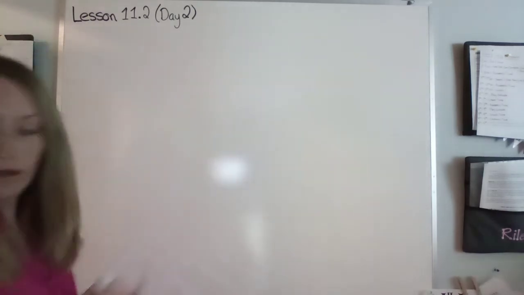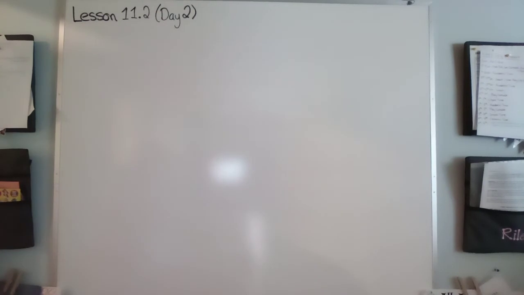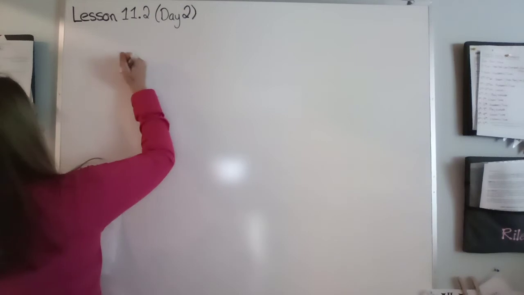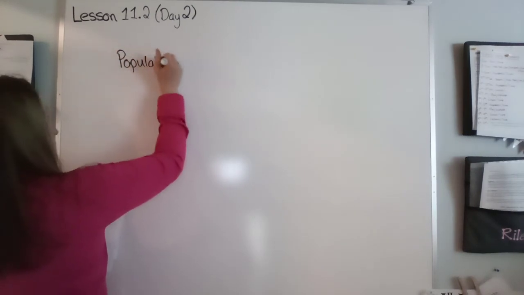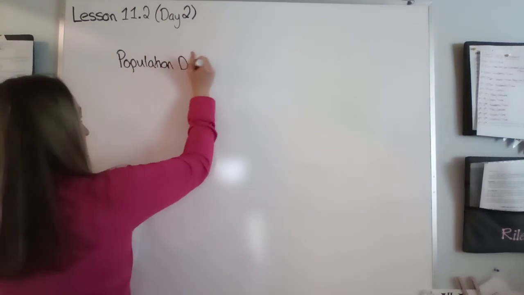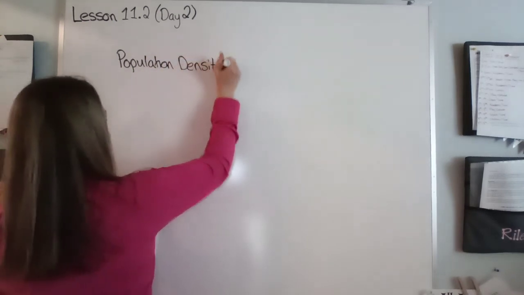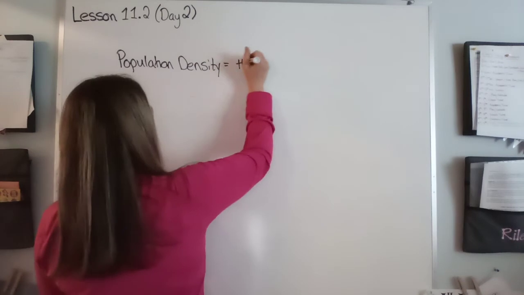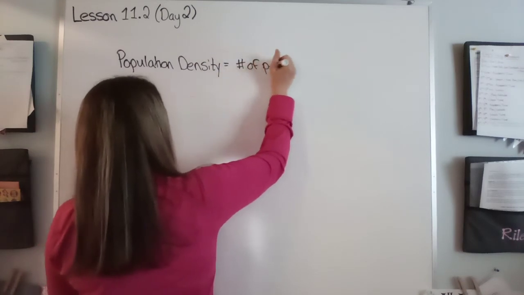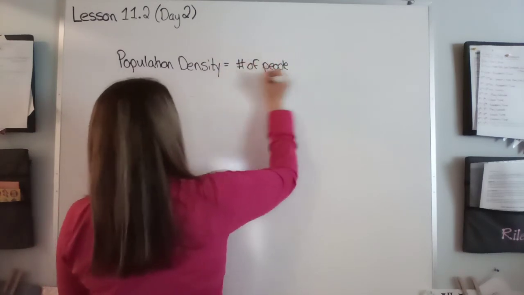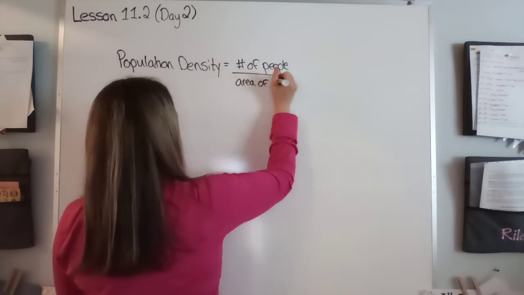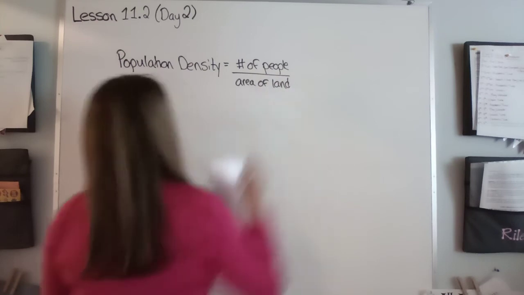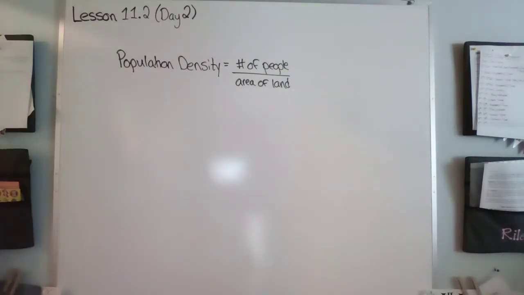All right, so if you remember from the notes yesterday, we wrote in the vocabulary that the population density is equal to number of people divided by area of land. Okay, that was from yesterday's notes in the vocabulary.